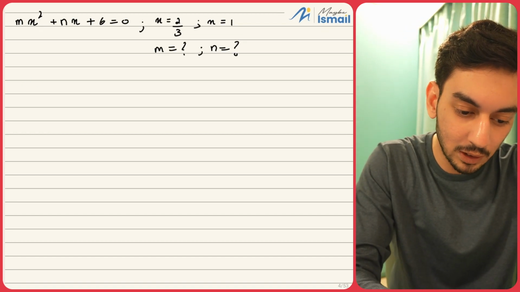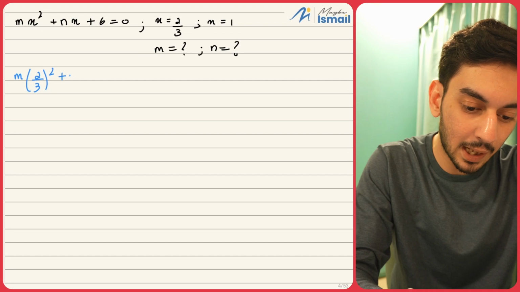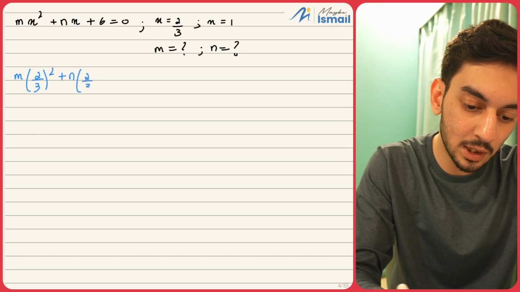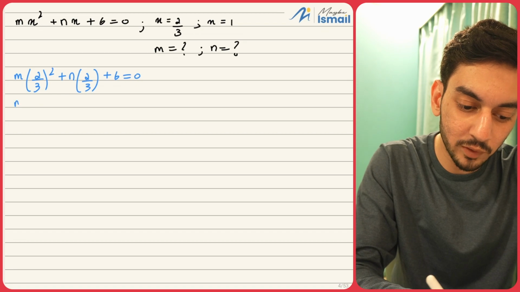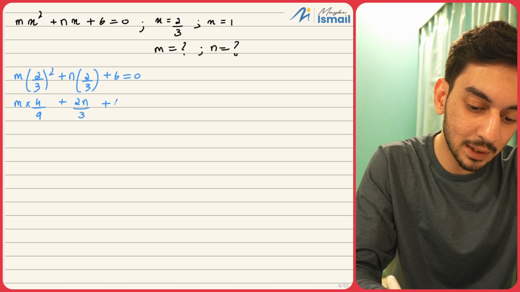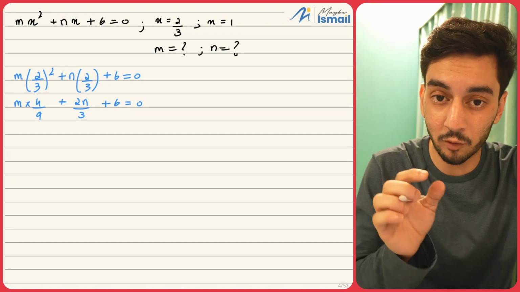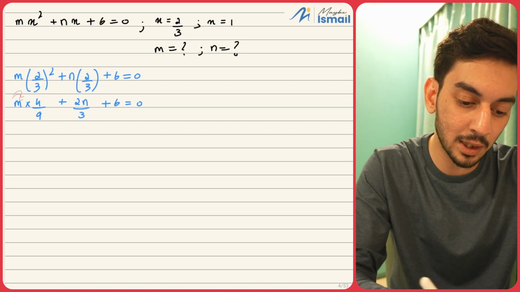So this becomes m times 2 over 3 all squared plus n times 2 over 3 plus 6 is equal to 0. The square goes to both of them, so it becomes m times 4 over 9 plus 2n over 3 plus 6 is equal to 0. Now, in order to get rid of the denominators, I'll have to multiply it with the LCM at least.